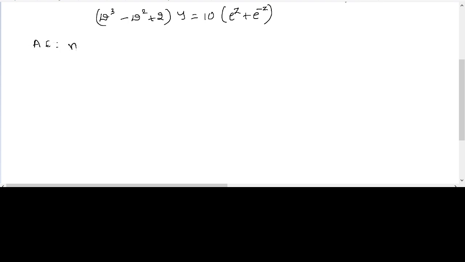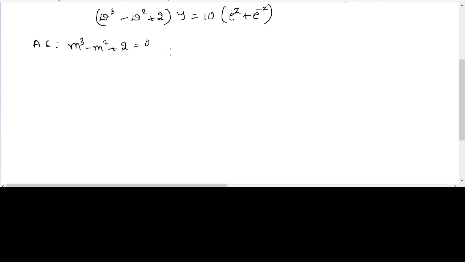We take m cube minus m square plus 2 equal to 0. If you observe this equation carefully, by trial and error method, we can say minus 1 is a root of this. By putting minus 1, we can satisfy this equation, right?